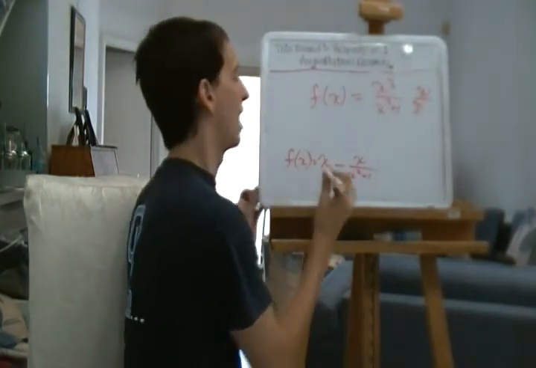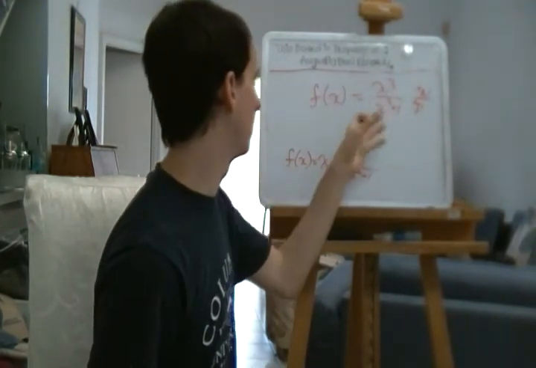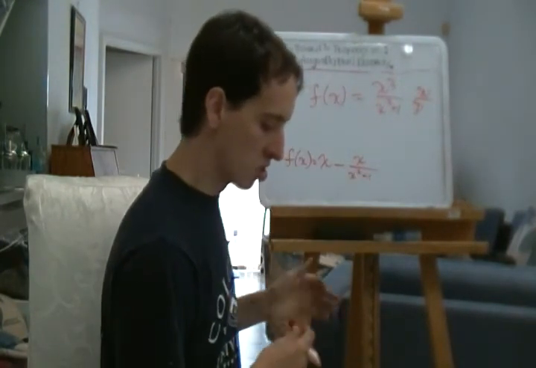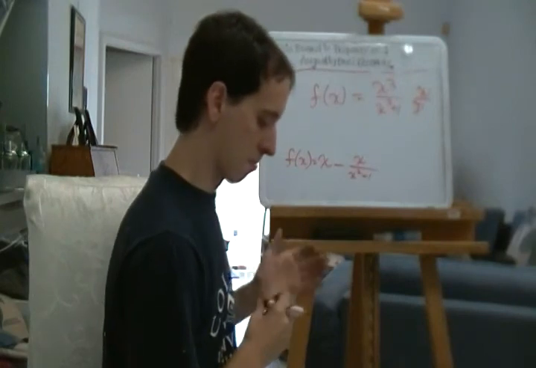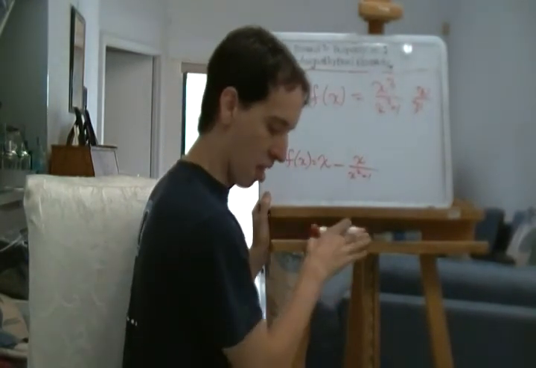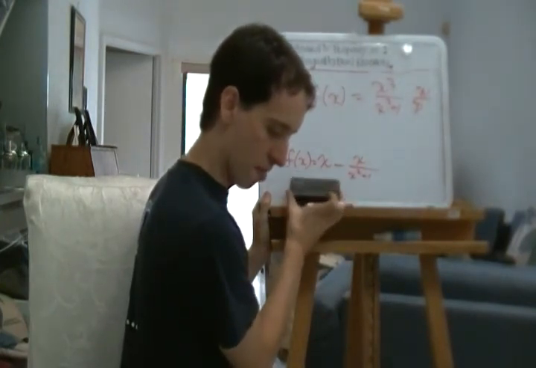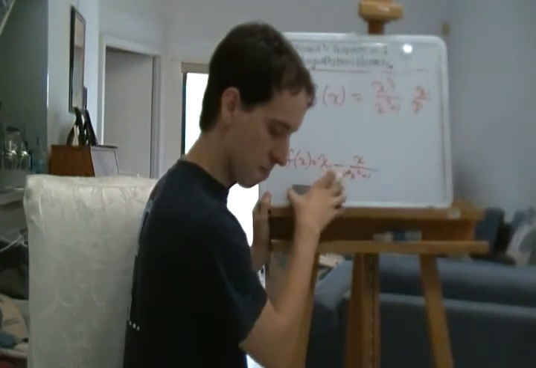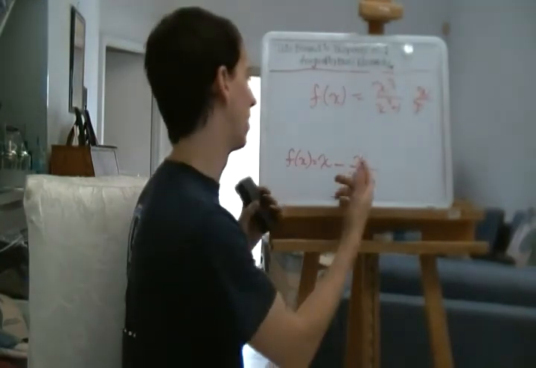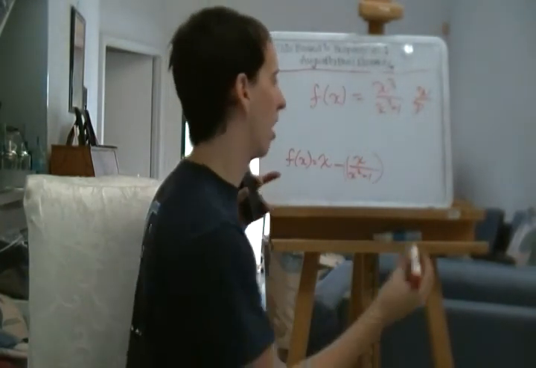So f of x equals that. It's basically an improper fraction that hasn't been factored well. Basically, you find this remainder, you simplify, and it's going to be your asymptote.